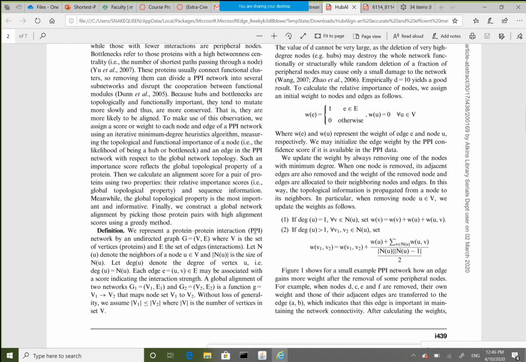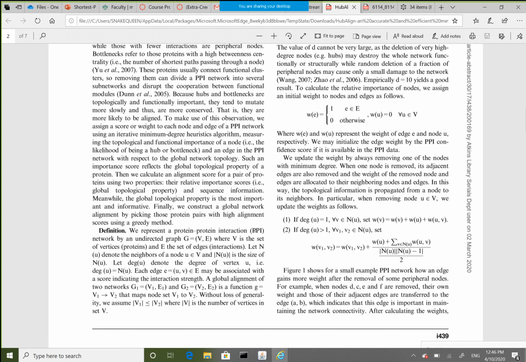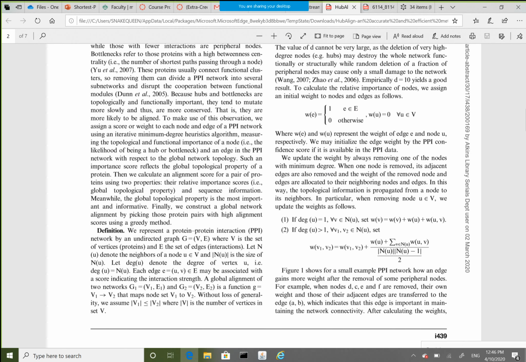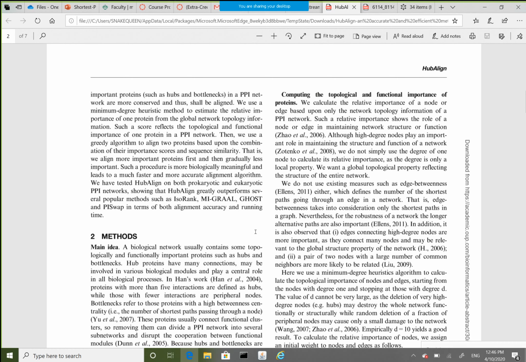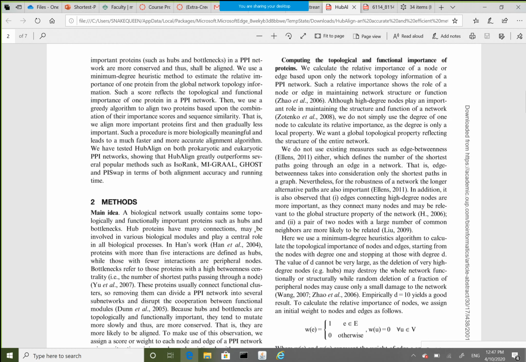And then after this is the annotation, and they compare the number of nodes in each graph, and then you go to here. This is for calculating the topology and the functional importance of the property. And this whole section is to talk about that.